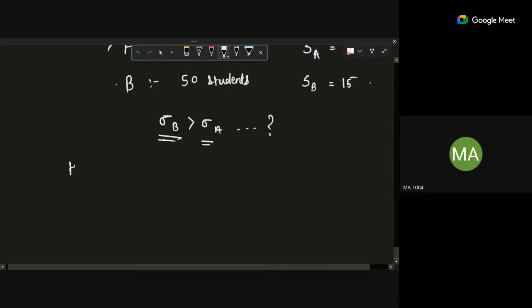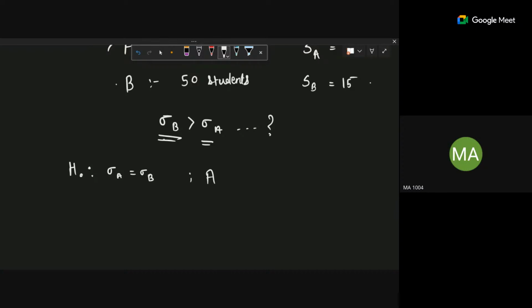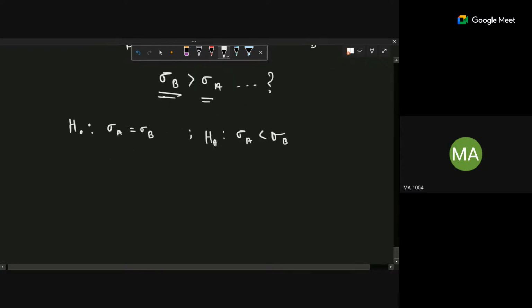So we will set our null hypothesis as, let's say, sigma A and sigma B are equal. The variability is the same. And the alternative says that sigma B is greater than sigma A. Okay? This will be our null and alternative hypothesis. Any doubt? Then what should be our test?